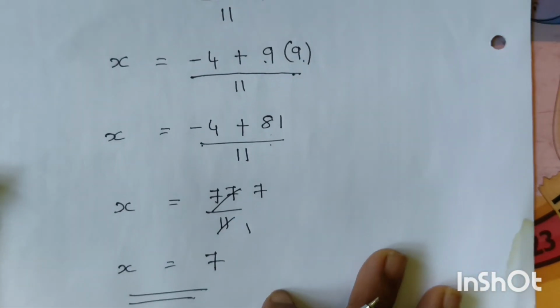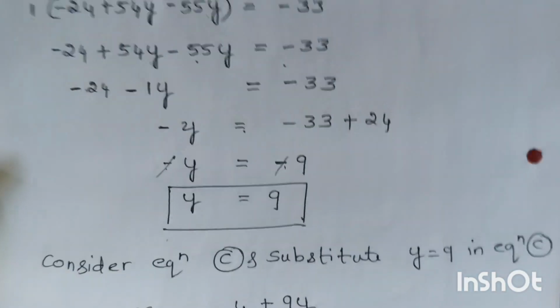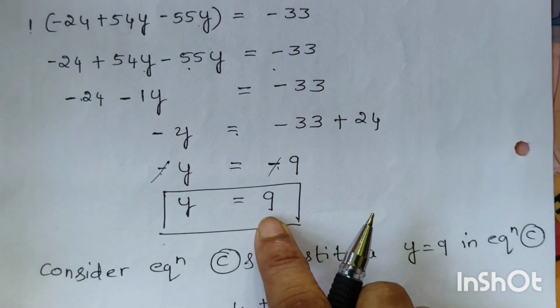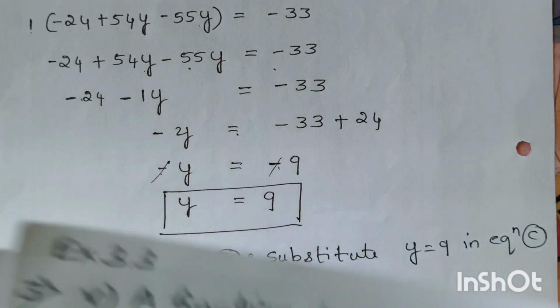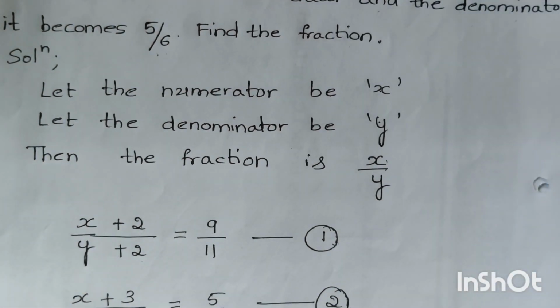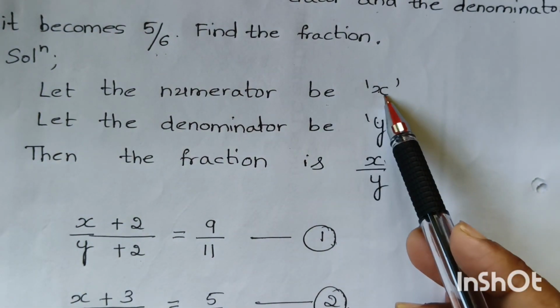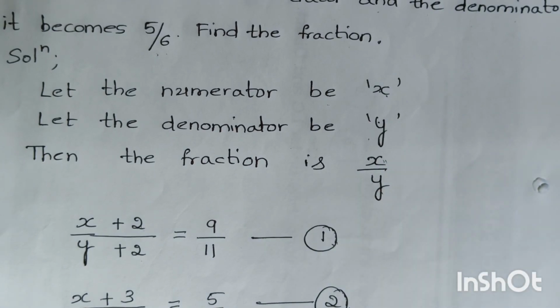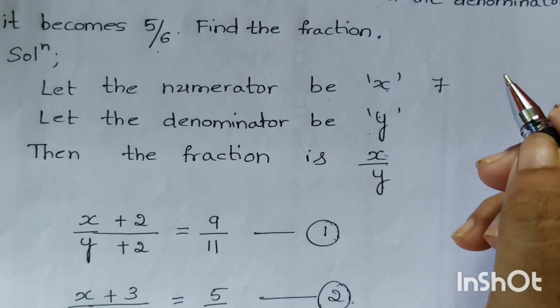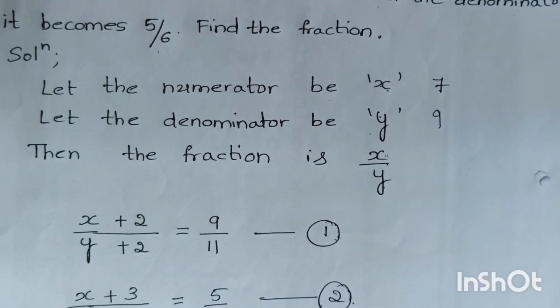Now we got both the values of x and y, right? We know that our fraction is x by y. Look at the first page. Here we have written, let the numerator be x and the denominator be y, and the fraction is x by y. We got the numerator x as 7 and y as 9.